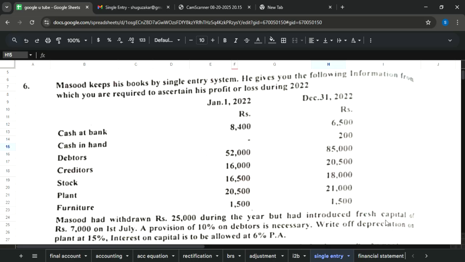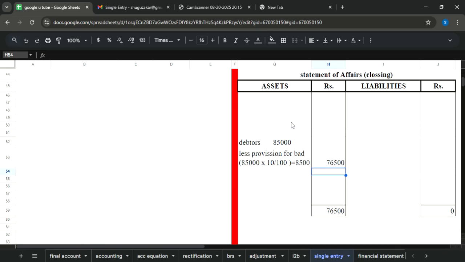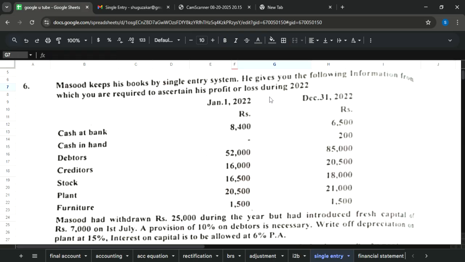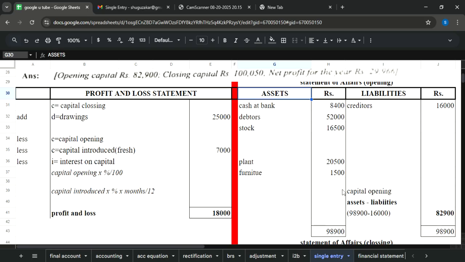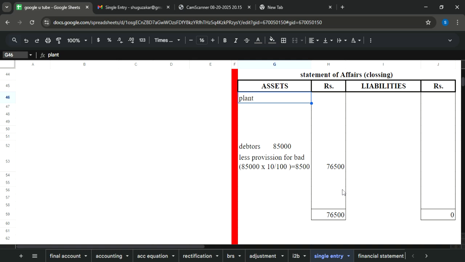Write off depreciation on plant 15%. Again, you will go to closing. Since plant is your fixed asset, you will come up. Now let's see how much is the value of plant in the closing statement. This is your plant, and we will go to the second column. 21,000 is the amount of plant.